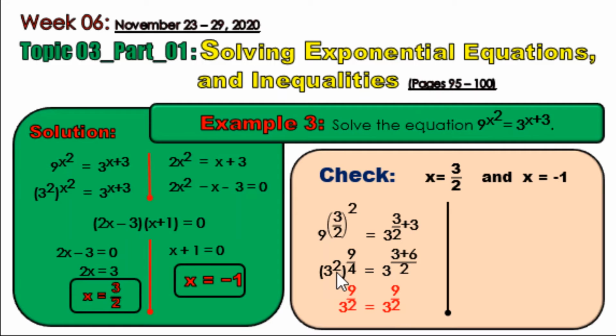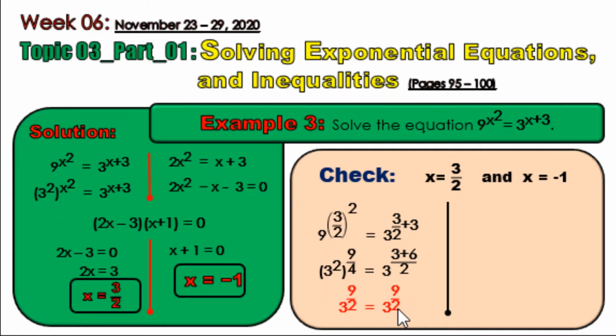So we have the law of exponent. We will be multiplying these two exponents. So 2 times 9/4 equals, okay, so we have 2 times 9 is 18 over 4. Okay, so simplify 18 over 4, that is 9/2. Okay, on the other side, we have 3 plus 6 is 9.